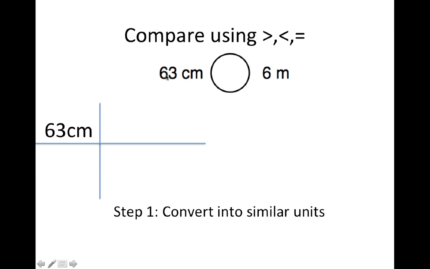Now we're going to do the same problem using the T-chart to figure out the conversion. So same problem here, compare 63 centimeters to 6 meters using greater than, less than, or equal to. To set up our T-chart, we put what we want to convert in the upper left-hand corner, which in this case is 63 centimeters.